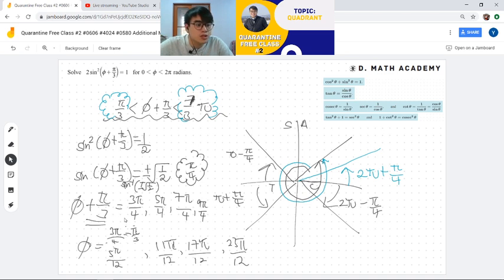Okay, so if you are able to understand this, this is the hardest the question can get. So your exam won't go any further than this type of question. These changes inside the bracket will affect the range. So this is the hardest they can assess you on.